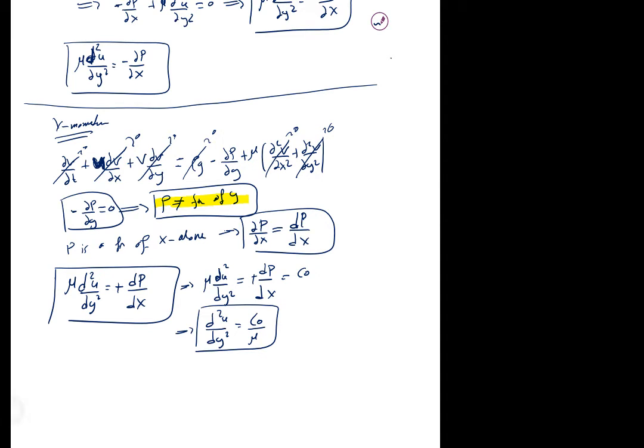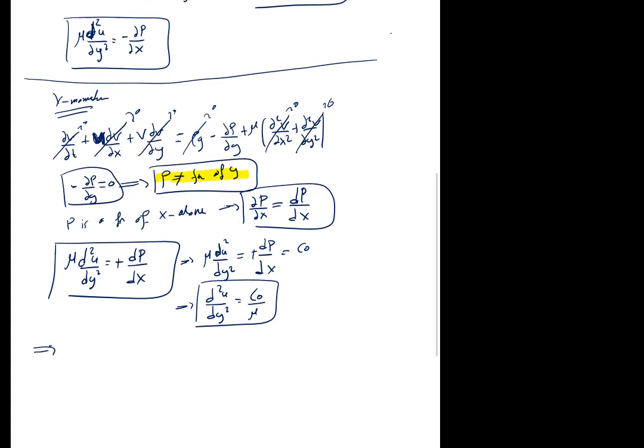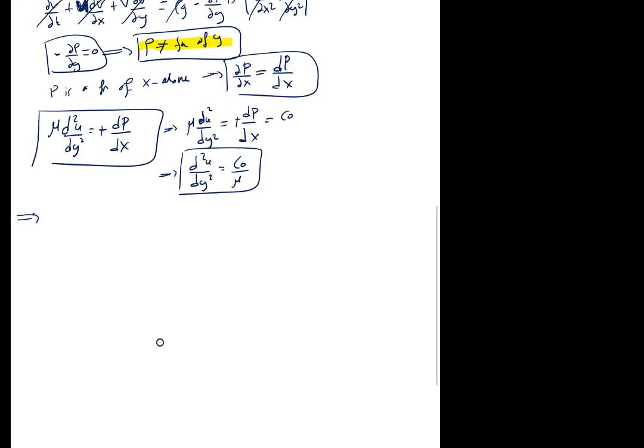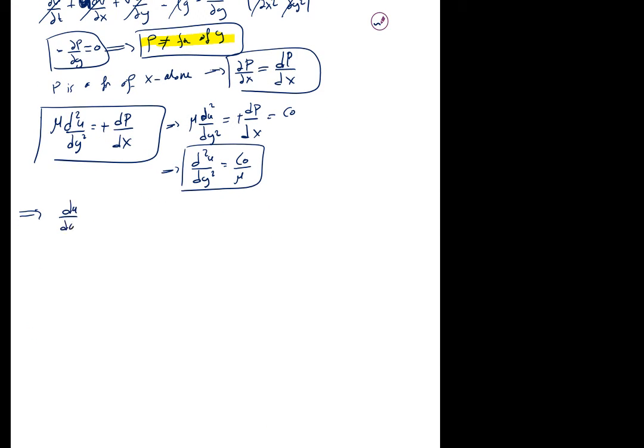Alright, so I have a very simple integration problem here. I integrate once and I get du/dy equals C0 over mu times y, plus C1. Taking the second integral, I have u equals C0 over 2 mu y squared plus C1 y plus C2.